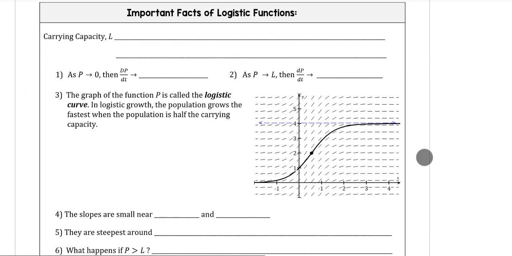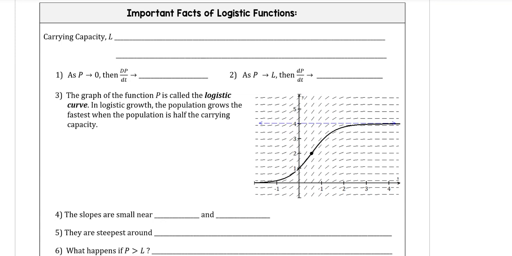Okay, so looking at this a little bit, things to remember here: our carrying capacity is the maximum population that the environment can sustain.